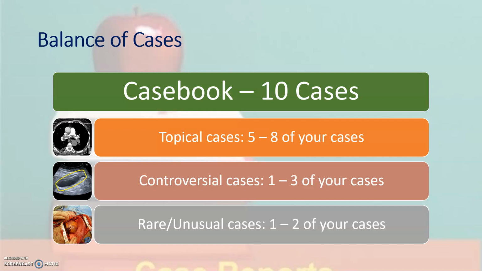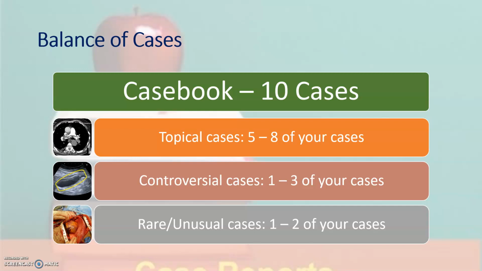So, in terms of these 3 cases, how does your casebook balance off? How do these 3 cases distribute between the 10 cases that you have to write? This is just an idea, a suggestion of how they might balance. Most of your cases will be topical cases. So anywhere between 5 and 8 of your cases.